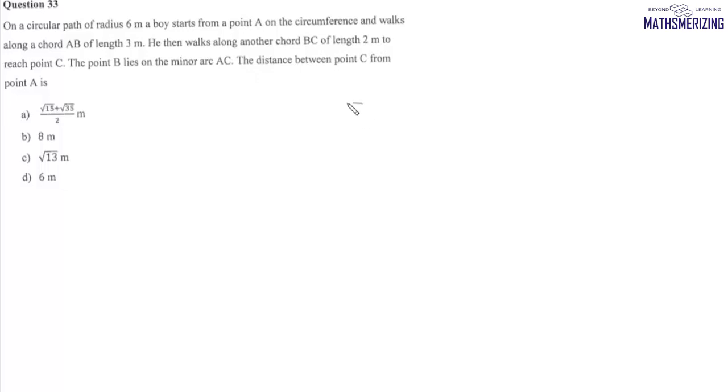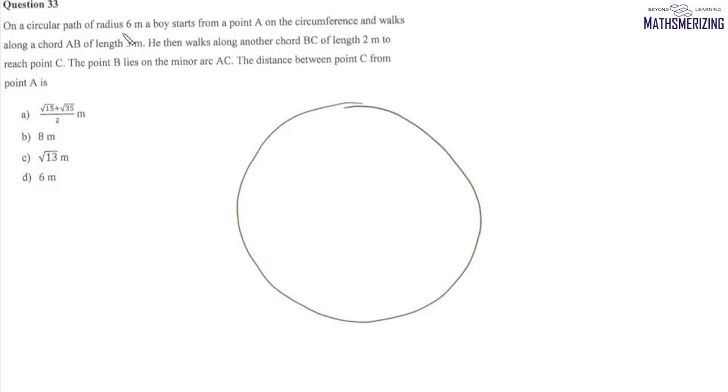So we have this circle whose radius is 6, and then a boy starts from point A on the circumference and walks along a chord of length 3 meter. So we have a chord AB whose length is 3 meter.